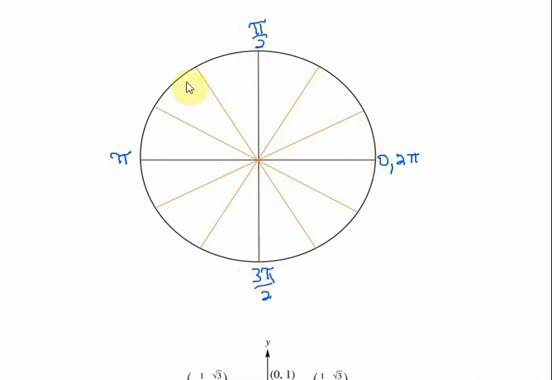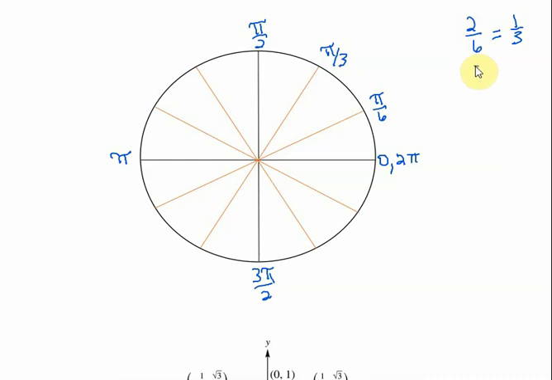Now, if we break up our pi, remember 1 pi is just halfway around. It's broken up into 6 parts. So the first mark would be pi over 6. Then the next one would be 2 pi over 6, but 2 over 6 reduces to 1/3, so that would be pi over 3.